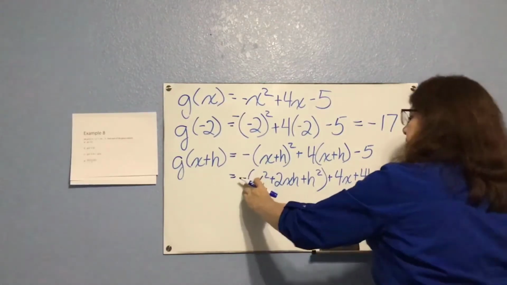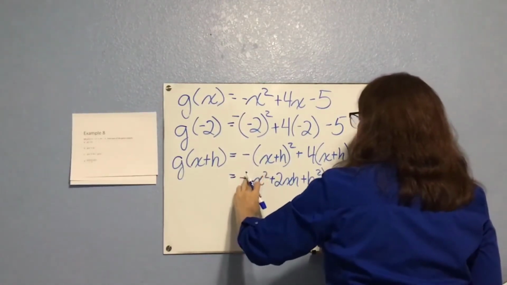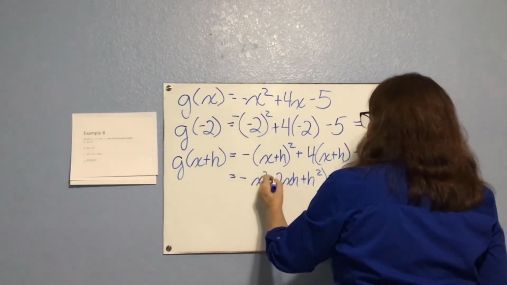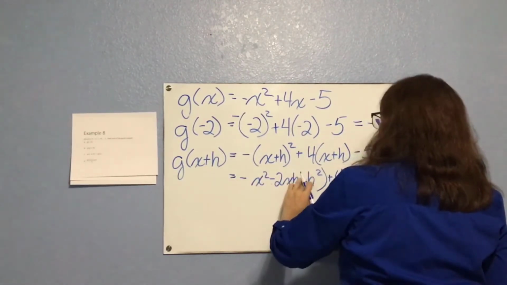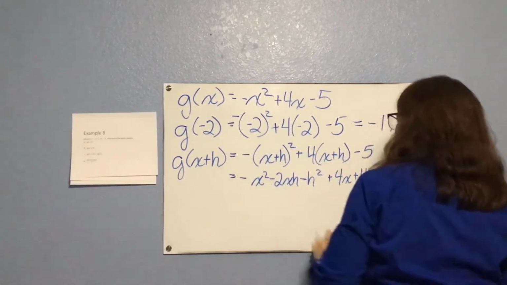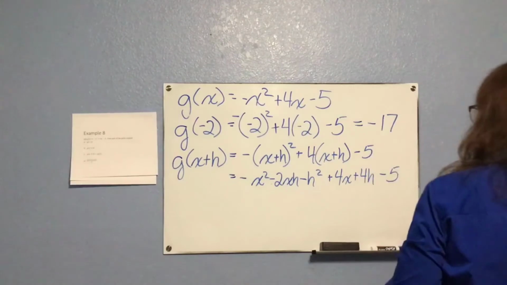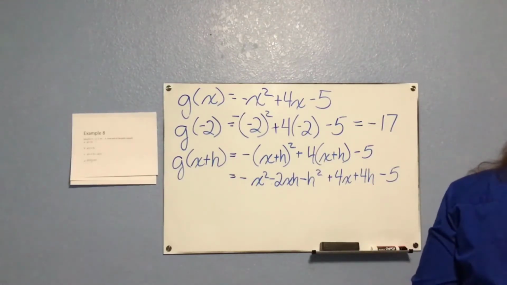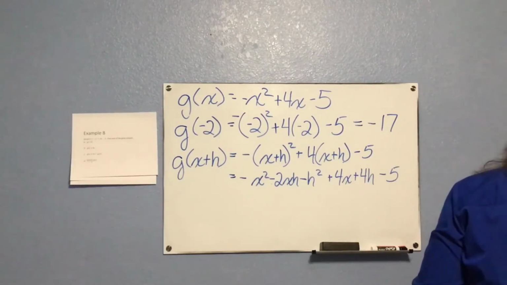Now I want to distribute this negative sign. So that makes this negative x squared, and this is negative 2xh, and this is negative h squared. Okay, so I've got this big long polynomial now with 2 different variables.